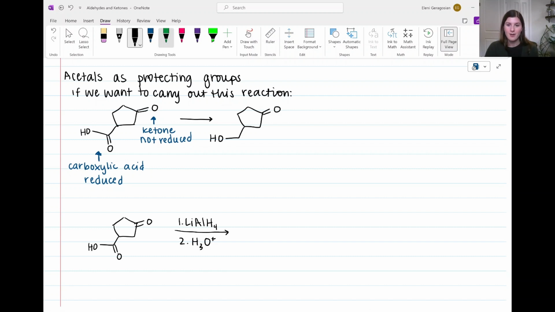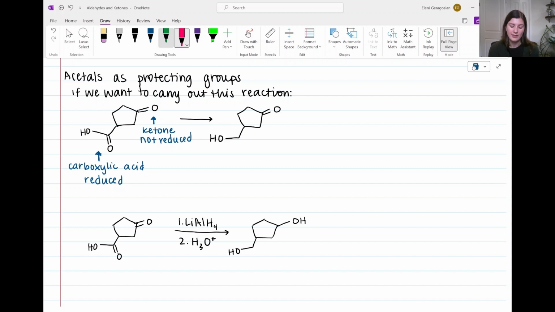That will reduce the carboxylic acid, but it will also reduce the ketone. So if all we're adding is the lithium aluminum hydride, then we're not getting our desired product. We're getting a diol, 2 alcohol groups.